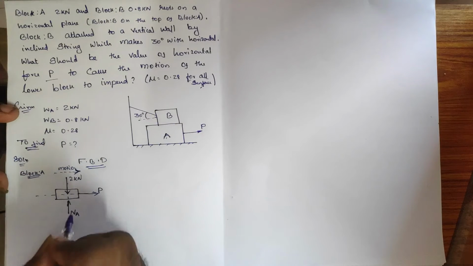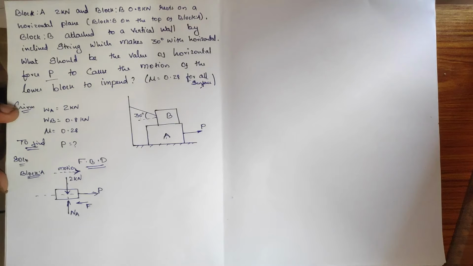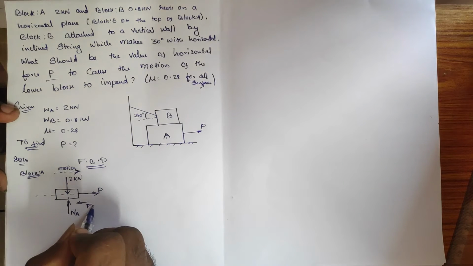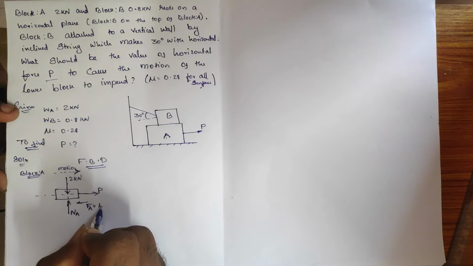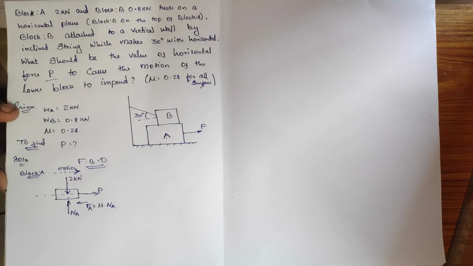If the motion is right, then the opposing force called friction will be towards the left. So here we can put the magnitude of friction at A, which is equal to mu into the normal reaction at A.